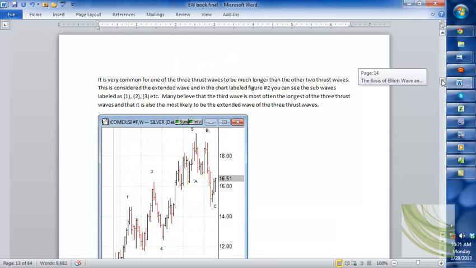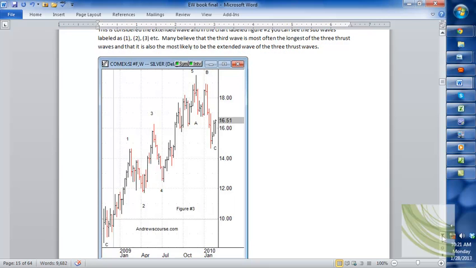Okay, now one of the things you need to know is that in theory, according to the Elliott wave folks, the wave from 2 to 3 is never the smallest.